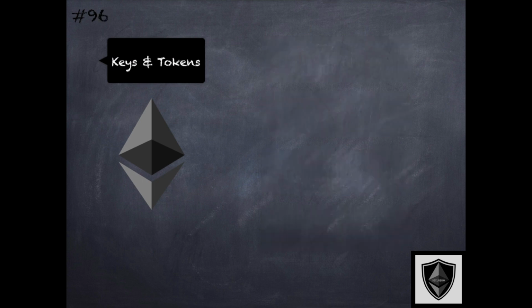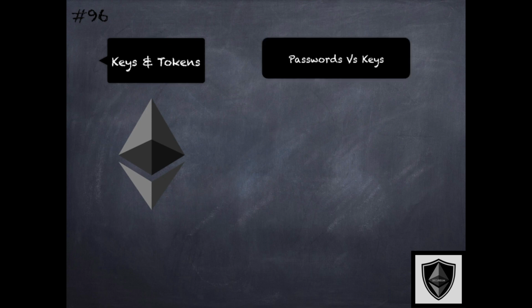Let's now talk about keys and tokens. Again, to compare and contrast some of these terminologies and aspects that are very specific to Web 3 and how they differ from the Web 2 world. Keys and tokens are very commonly used in terminology as well as the implementations of various protocols in the Web 3 space.